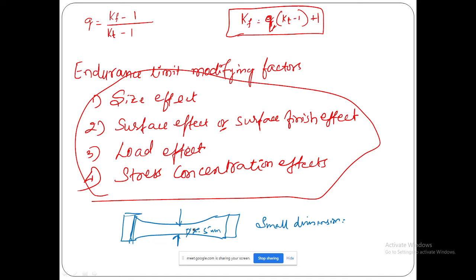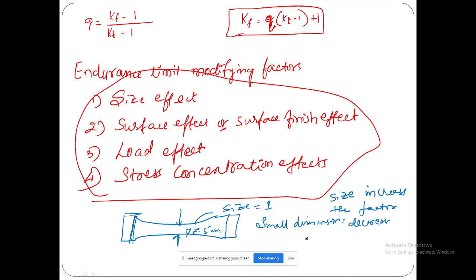So for that reason, as the size increases, the factor is going to decrease. Suppose for a standard specimen, the size factor is taken as 1.